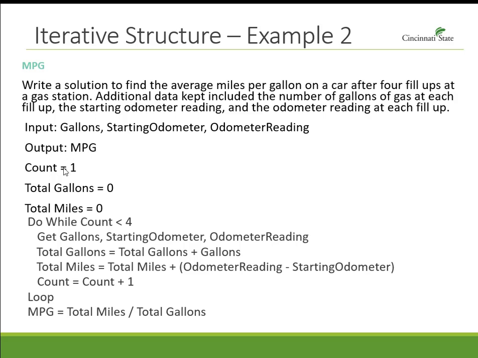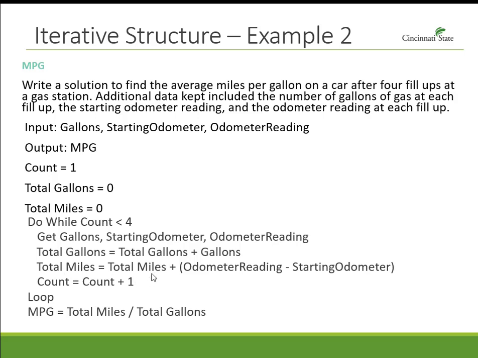Set the count to 1. Set total gallons to 0. Set total miles to 0. You are going to loop while the count is less than 4. Inside, we do a get gallons, starting odometer, odometer reading. Then we total up the gallons. Gallons added to total gallons gives us the new total gallons. We're going to do the same thing with total miles.